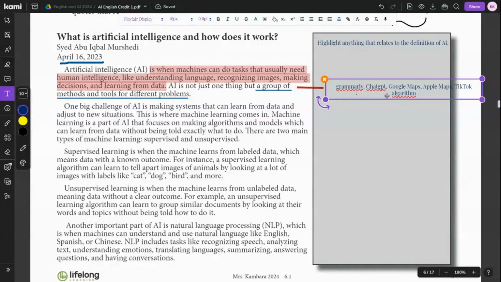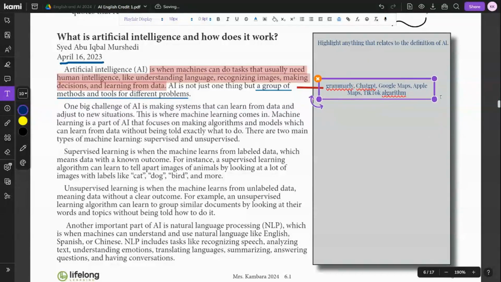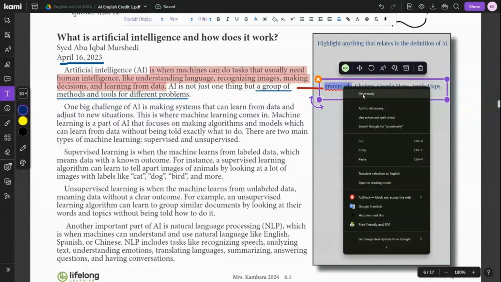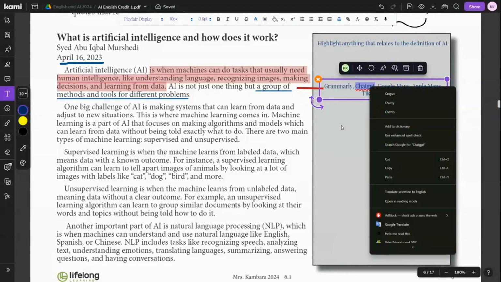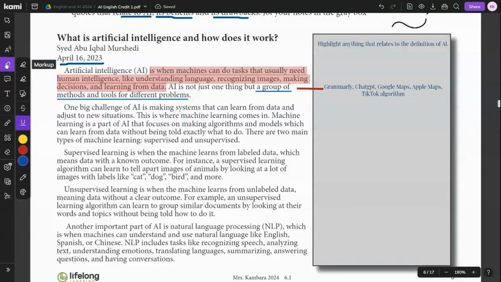So all of these are different examples of AI that's made for different purposes. So AI isn't just one thing, there's multiple things that it can be, okay? So you can go ahead and write that down and let's continue reading.